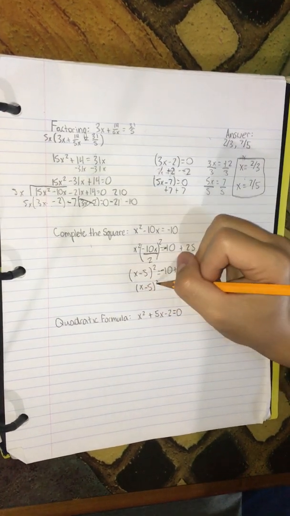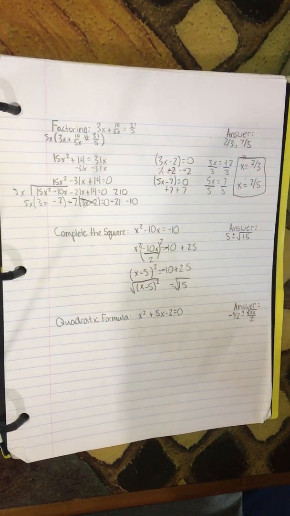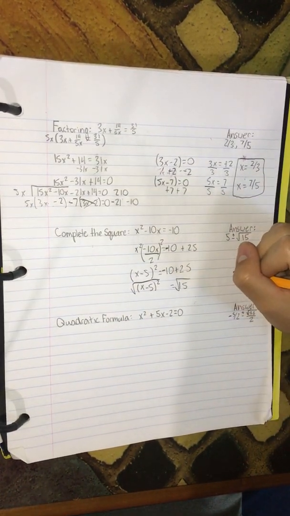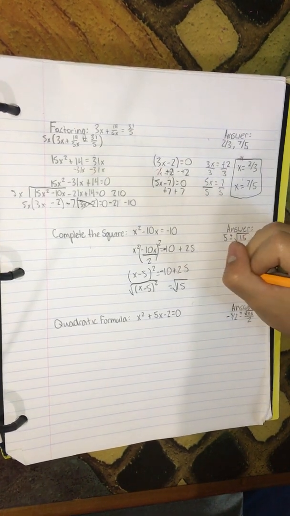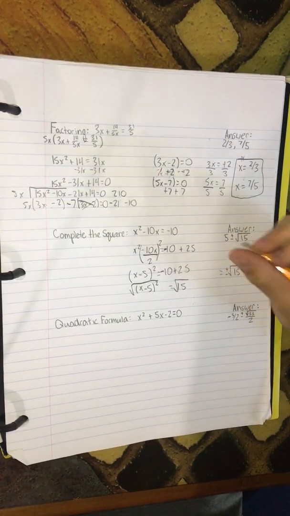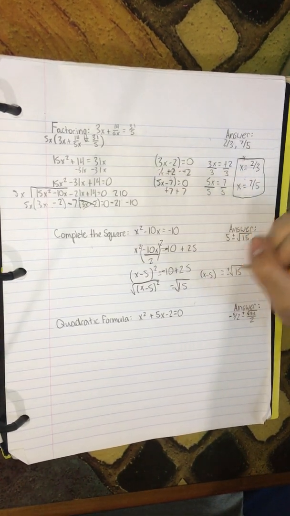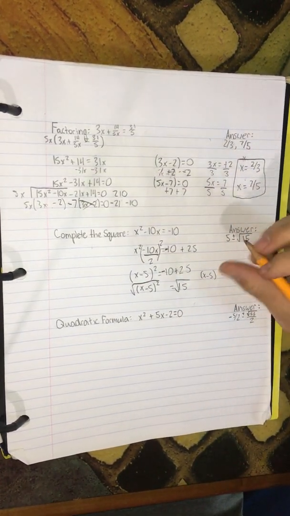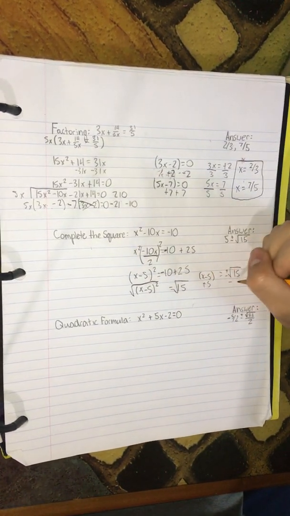To get rid of the square, you have to square root both sides. So your new equation is x minus 5 equals plus or minus the square root of 15. To get rid of the 5, you add it to both sides.